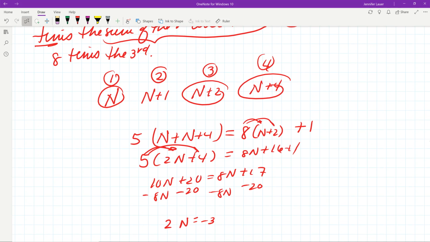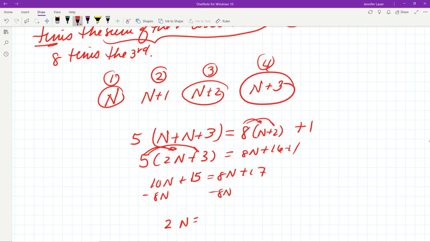Ah, do you see what I did, guys? Hopefully this makes you realize that teachers make mistakes too. So what should this be? I should be changing this to a 3 and a 3. So this is going to be 3, 3. This is 15. That's going to work out so much nicer.